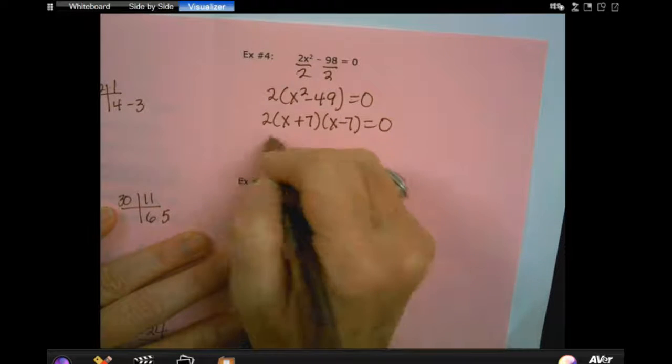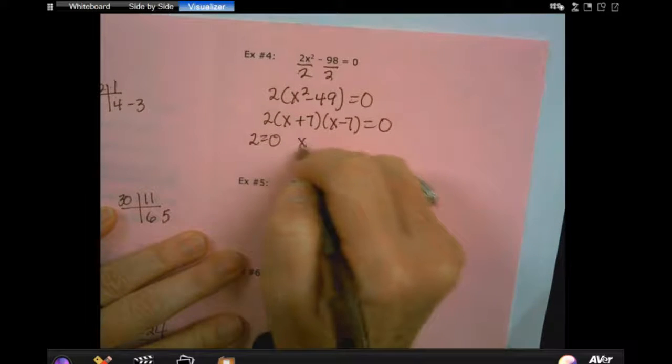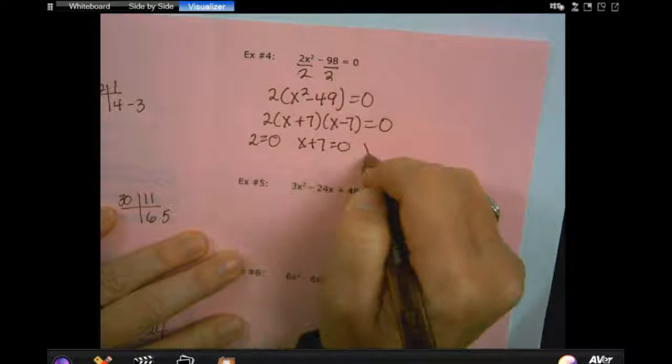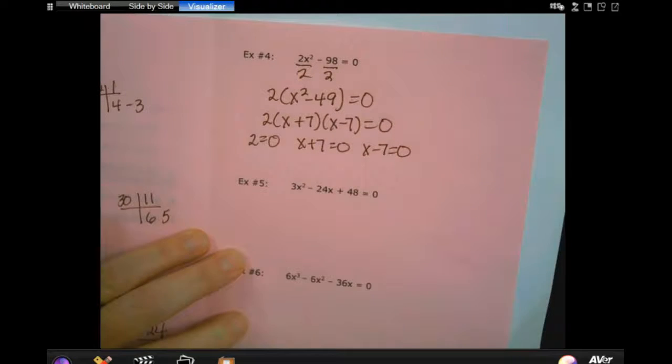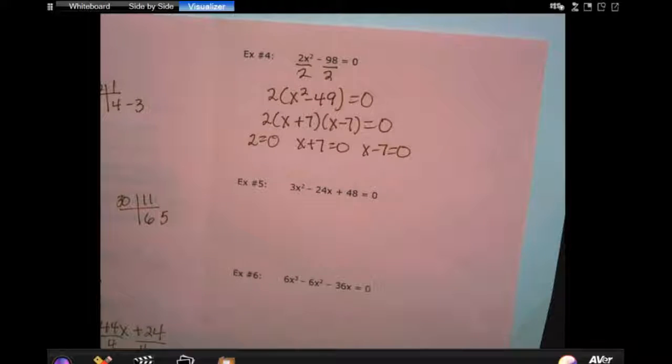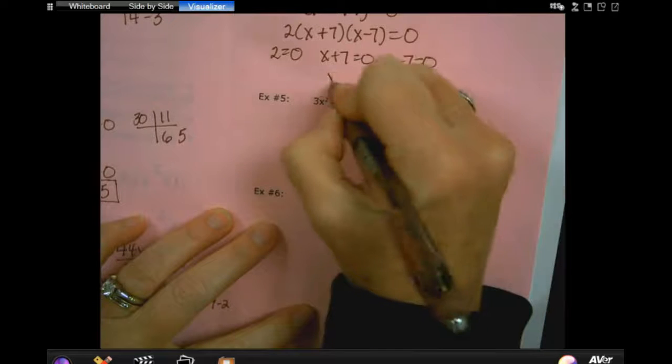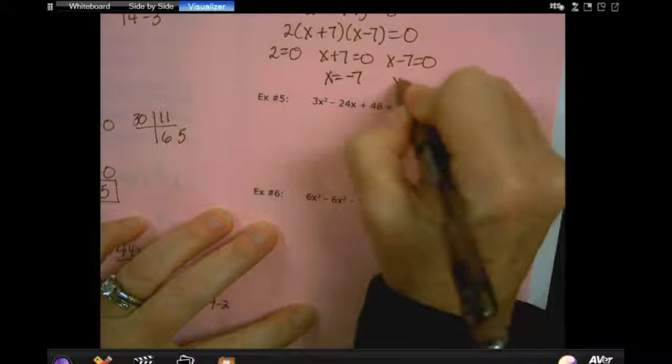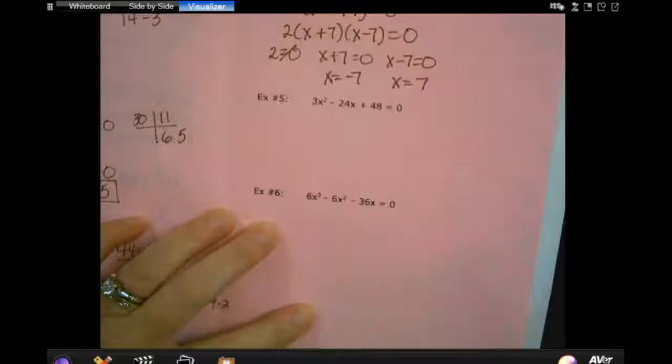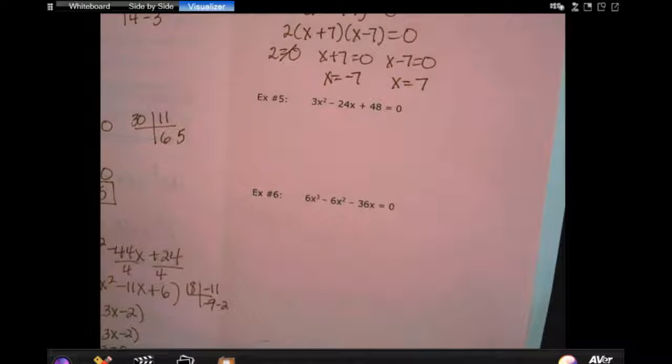So if I set this equal to 0, this equal to 0, okay, so, let me finish. So here we get, and this one doesn't get a factor.